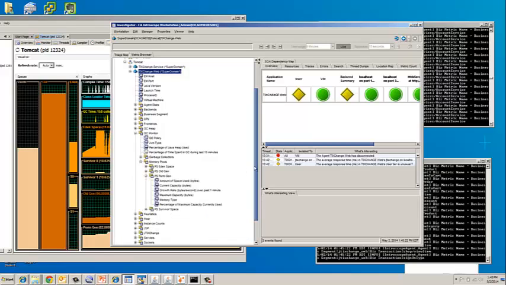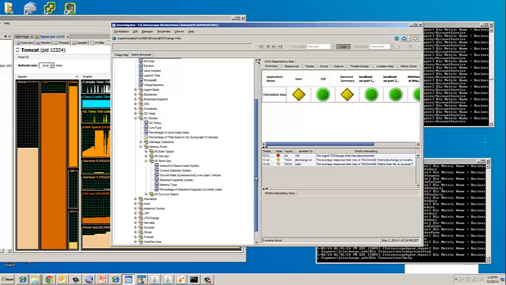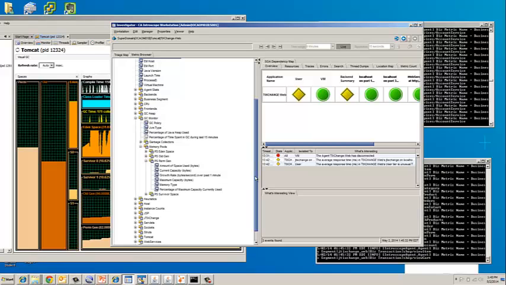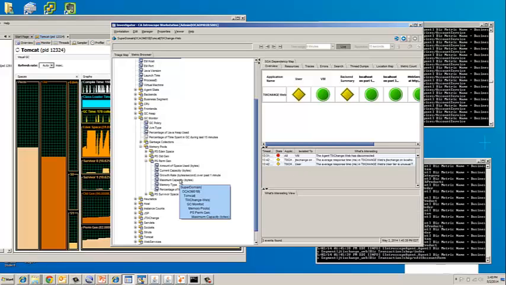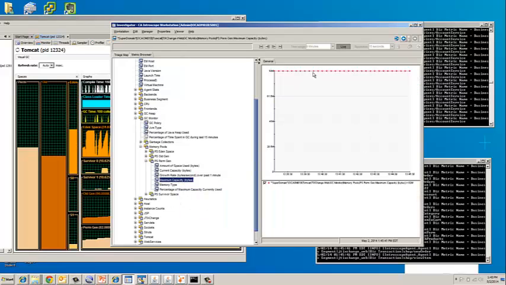So let's start with the memory pool, and let's open up the perm. We're going to see what metrics we want to look at. What I want to learn regarding the memory pool is what its maximum size is set to, and how much memory out of that I'm consuming. So I look at the maximum capacity, and I see that it is about 82 megs or so.